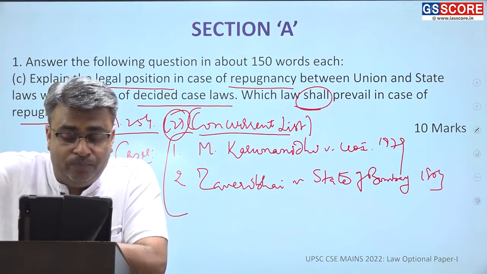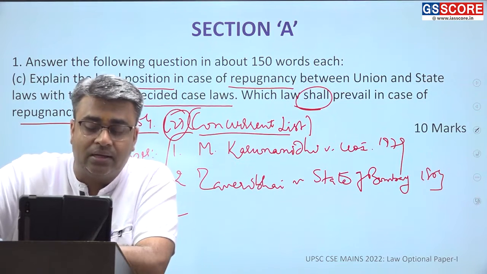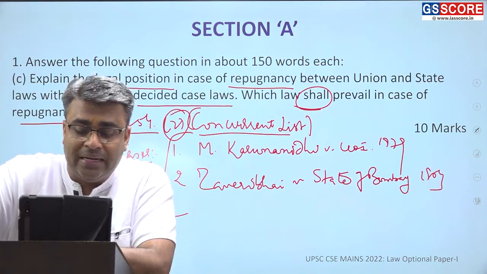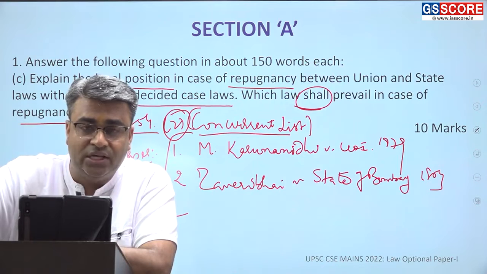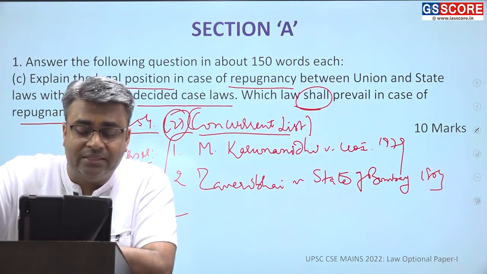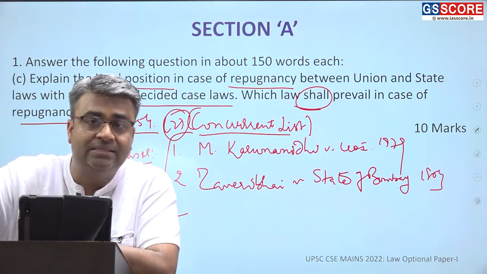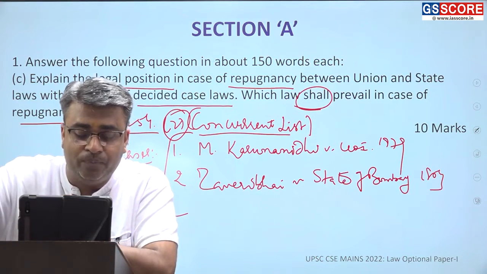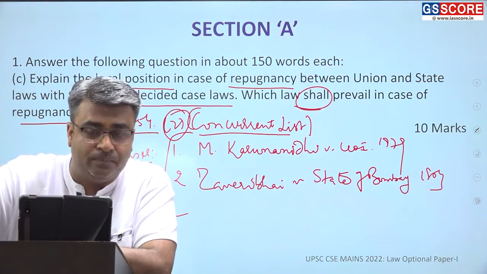According to Clause 2, if a state law with respect to any of the matters enumerated in the concurrent list contains any provision repugnant to the provisions of an earlier law made by Parliament or an existing law with respect to that matter, then the state law, if it has been reserved for the assent of the President and has received his assent, so it means if the President has given the assent to the state law, it shall prevail, notwithstanding such repugnancy.